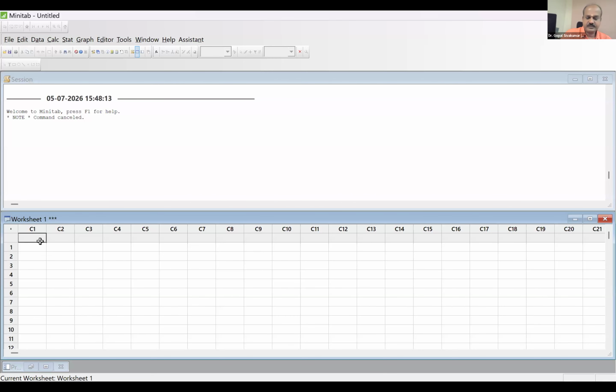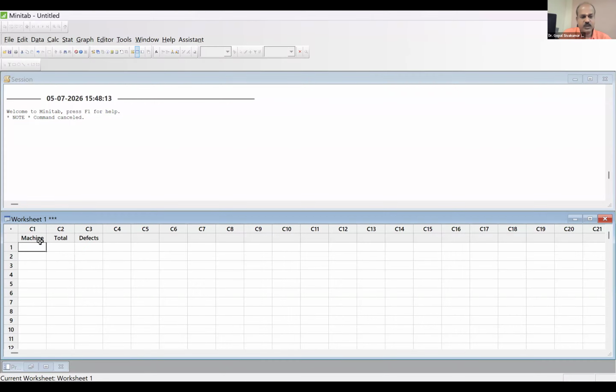I'll just share my Minitab screen. Hope you are seeing my Minitab screen, right? Yes, sir, good, able to see your screen. Total produced and the defects observed.